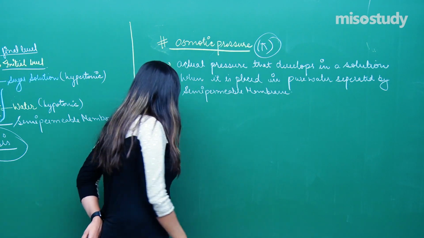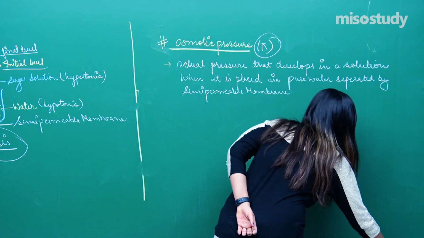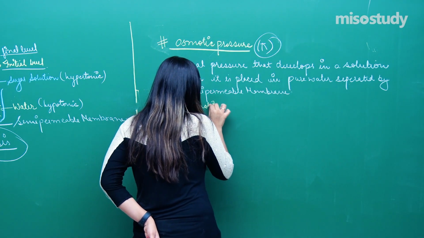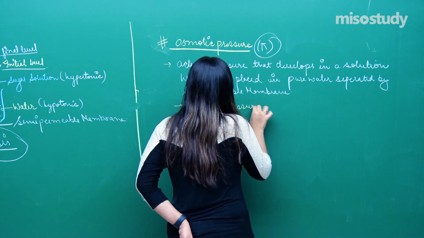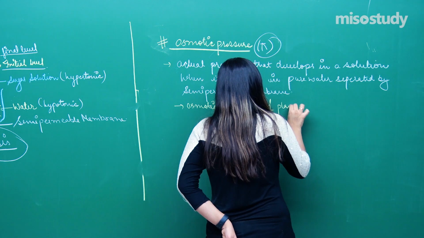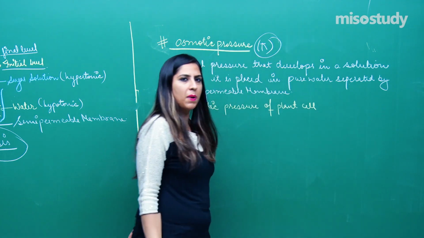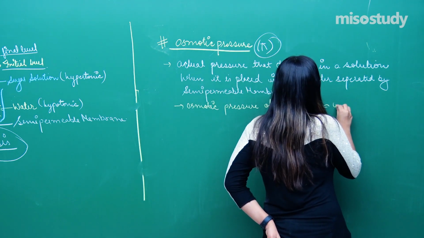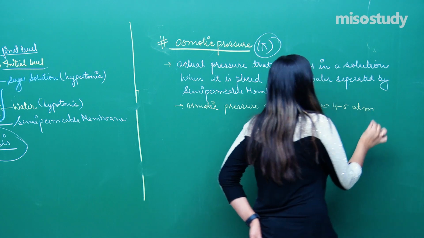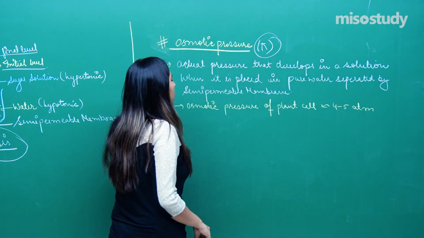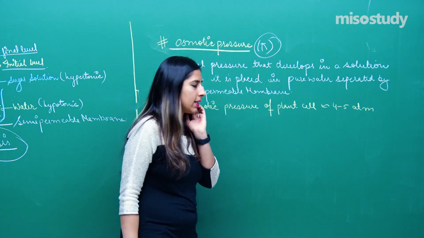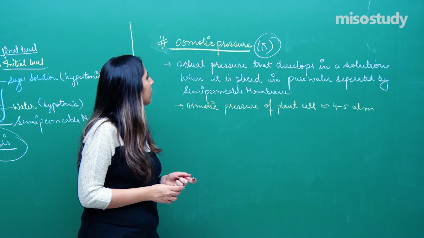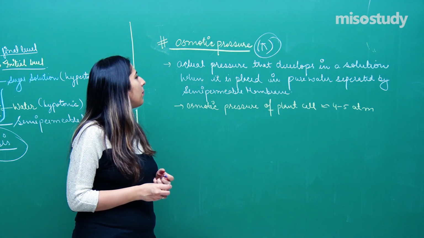When we talk about the osmotic pressure, let's take an example: the osmotic pressure of a plant cell. Right, when this plant cell is placed near pure water, the osmotic pressure is around 4 to 5 atmospheres. This is an osmotic pressure that actually helps in osmosis, right? So, what exactly are the factors that determine the osmotic pressure?